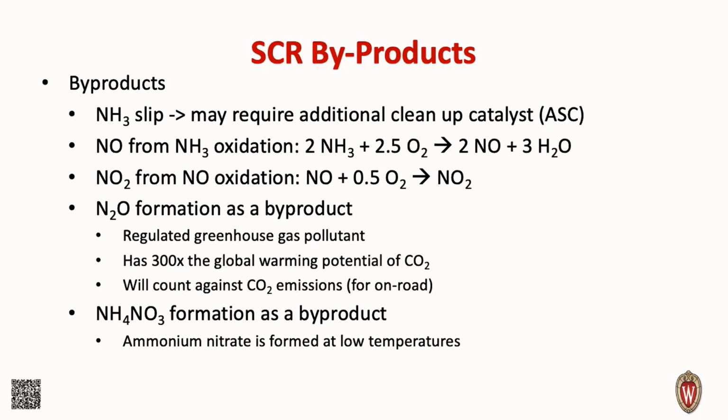If you think CO2 is bad, N2O is way worse. It is a regulated greenhouse gas pollutant with 300 times the global warming potential of CO2. We deal with trying not to make it by counting against CO2 emissions for on-road vehicles. So that means you can handle only very small, single-digit part per million amounts of N2O formed.